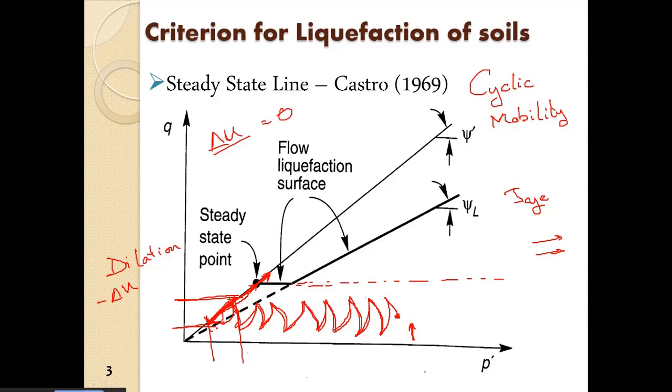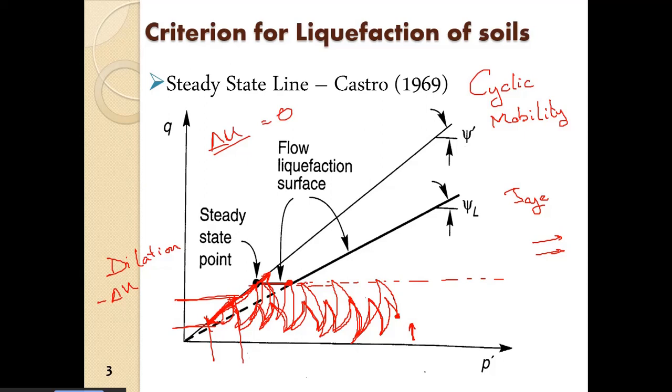If the cyclic shear stress is such that it somehow reaches the flow liquefaction surface, all right, then momentarily when it crosses the flow liquefaction surface, there will be a state of liquefaction, a momentary state of liquefaction, all right, and in that momentary period a significant amount of shear strain will develop.